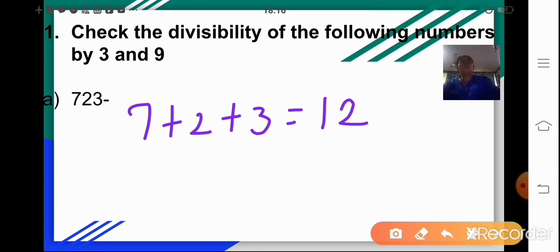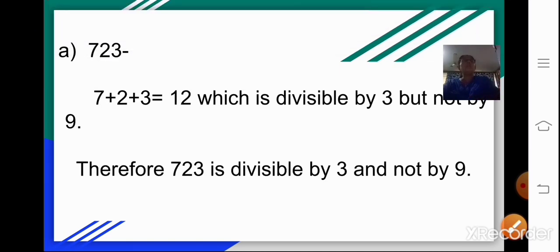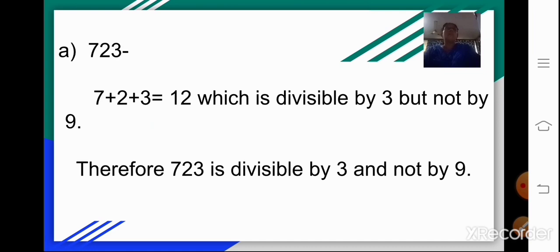Okay, so we can say that 723 is divisible by 3 but not by 9. So 7 plus 2 plus 3 is equal to 12, which is divisible by 3 but not by 9. So therefore 723 is divisible by 3 and not by 9.